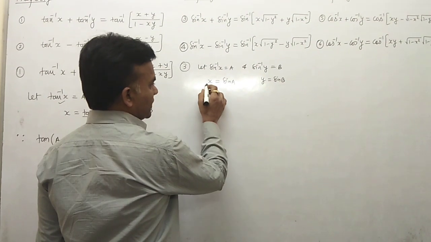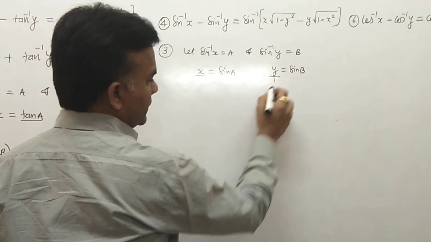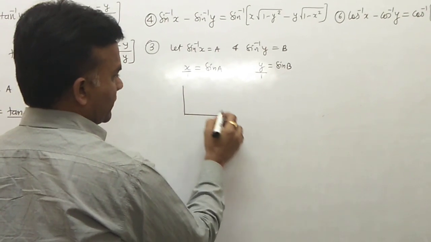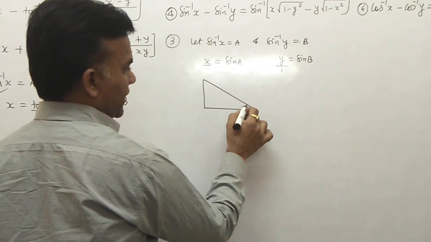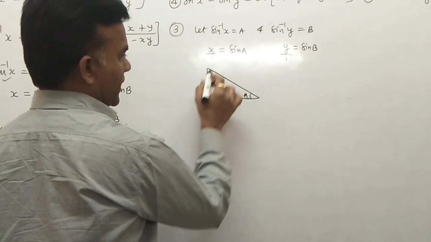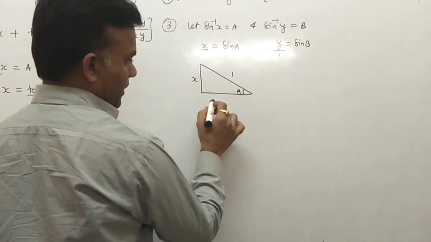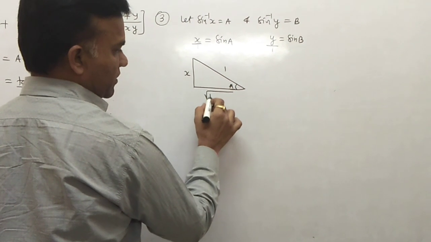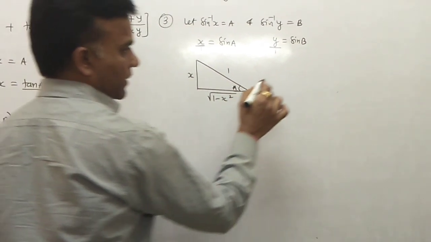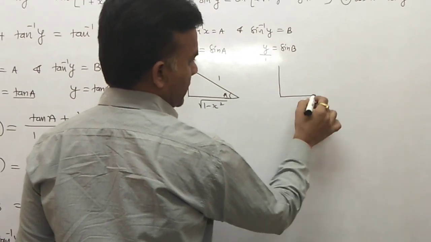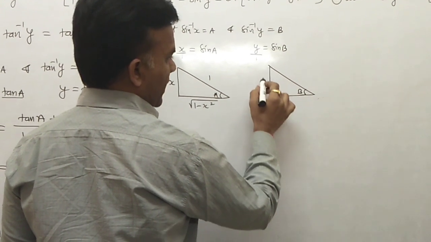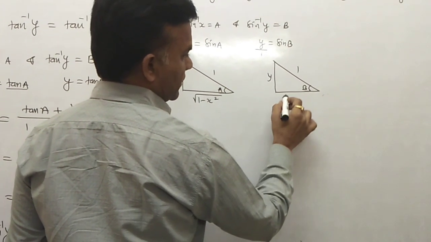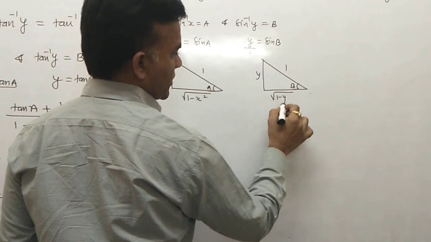Okay, so for finding the value you put 1, because now we draw the triangle, since we use the concept of Pythagoras theorem. So this is the angle a here, and now you write down x and 1. So using Pythagoras theorem this side is under root 1 minus x square, and similarly you draw the angle for b. Okay, so y by 1 you write down here, and here under root 1 minus y square.